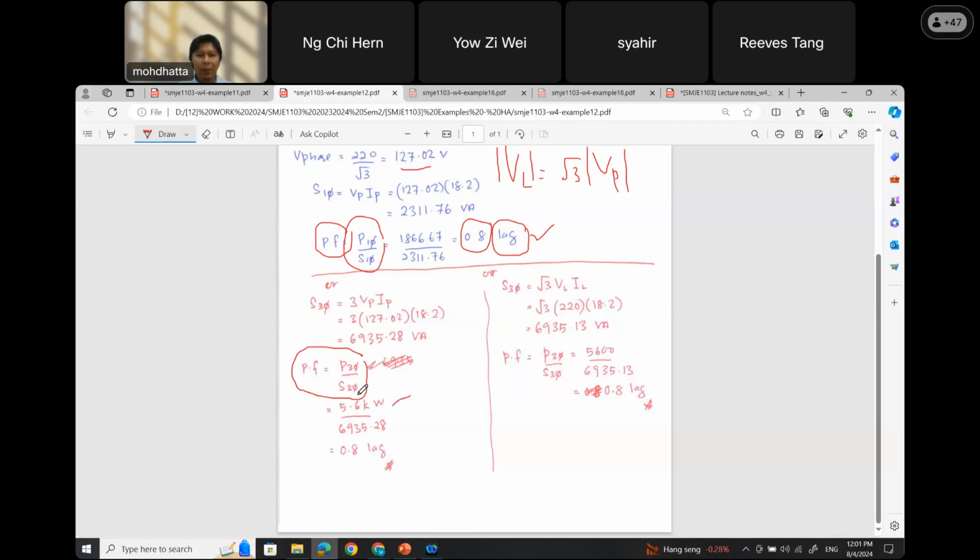However, for the apparent power, there are two ways to calculate. The first one uses the phase information, 3 times V phase I phase, or you can also use the line information, 3 times V line I line. So you can use either way, provided that you must use this equation in order to get your power factor values.